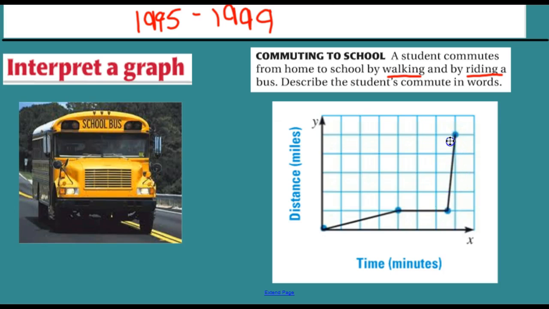He goes a lot of distance in a short amount of time. So it looks to me like from here to here, he's walking. From here to here, where he's not moving, that means he's waiting. And the last, where it shoots up, that looks like when he's taking the bus. So he walks, waits at the bus stop, and takes the bus the rest of the way to school.